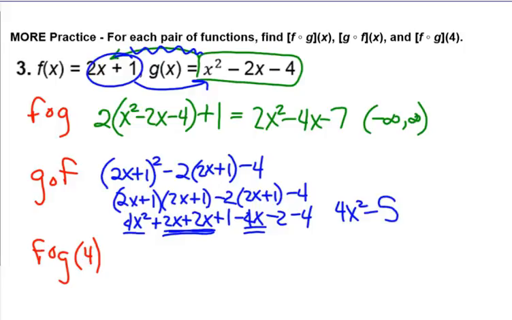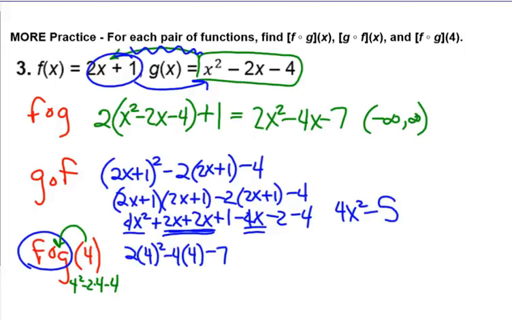All right, this one says put a 4 into f of g. That's this first one, right? So I could put a 4 in there. What's the other option if I don't want to put a 4 in there? Put the 4 in the g and put that into the f. Okay, if I put a 4 into g of x, I would have 4 squared minus 2 times 4 minus 4. 16 minus 8 minus 4 is 4.